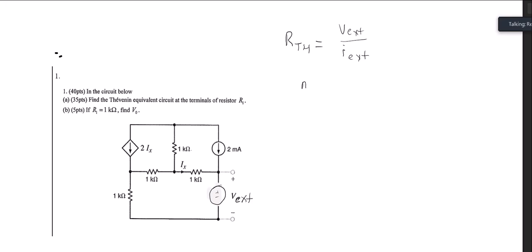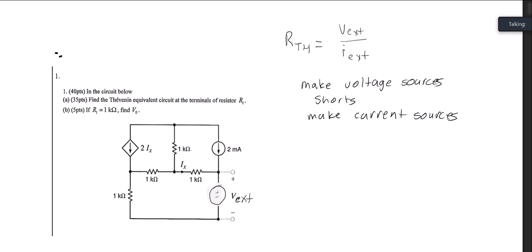You make voltage sources shorts, and you make current sources open. You have to leave dependent sources alone. But this is the part that helps you because you get rid of parts of your circuit.